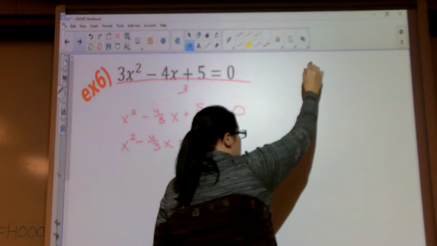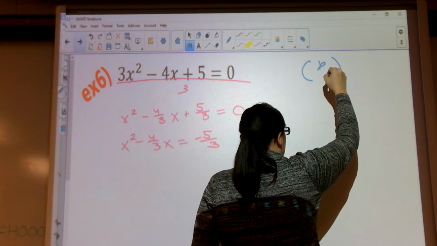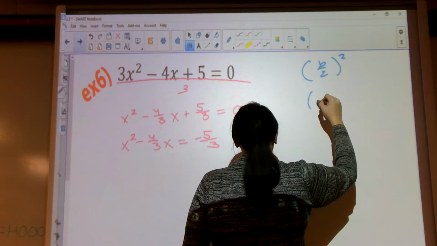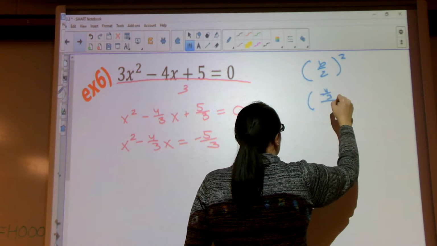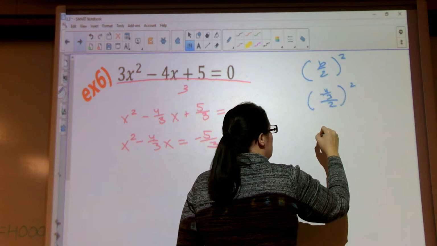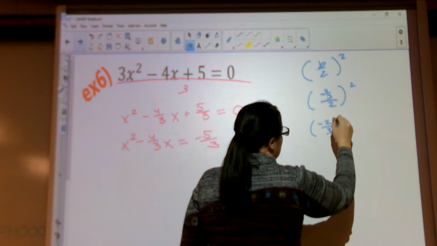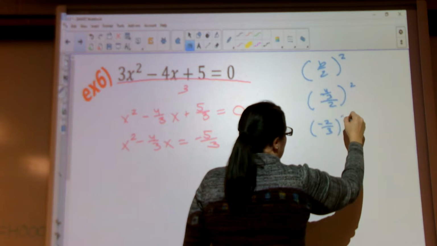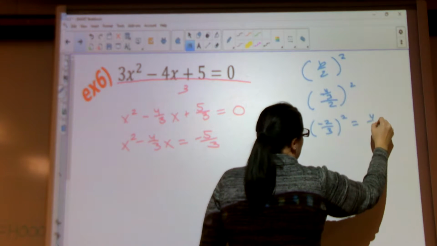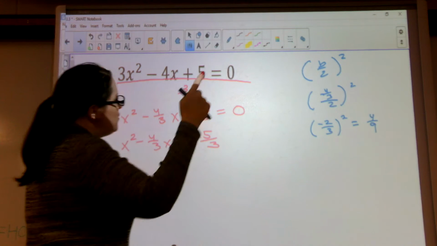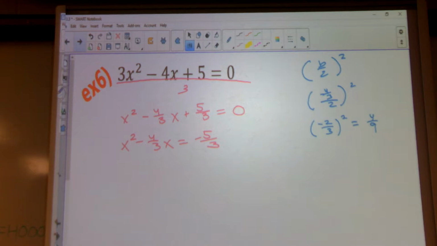Find our b over 2 squared. So in our case, that would be negative 4/3 over 2 squared, which is actually negative 2/3. Check me on that. Pretty sure it's negative 2/3.